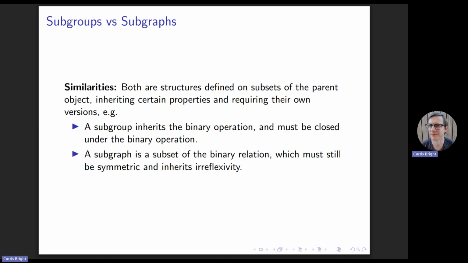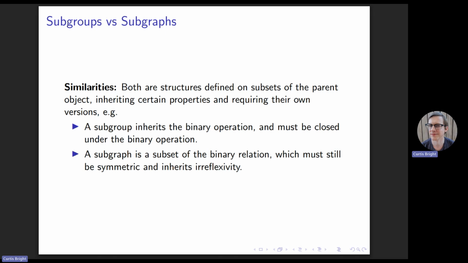And then both substructures are going to have certain properties that they inherit, and certain properties that we impose. So with subgroups, they inherit the binary operation, and they must be closed under the binary operation, and also contain inverses and the identity element.